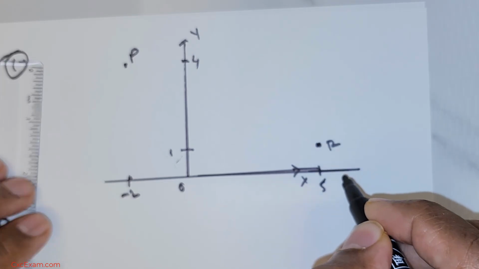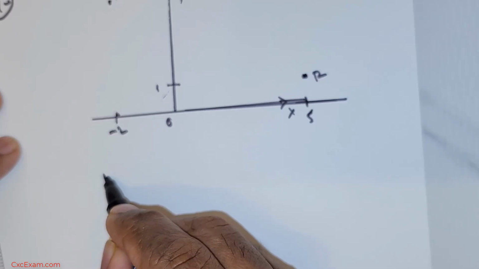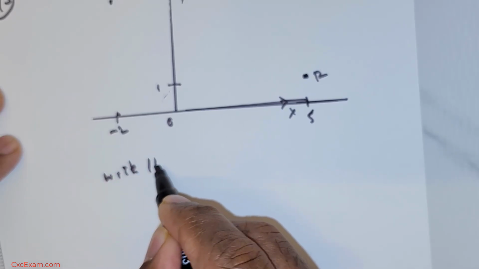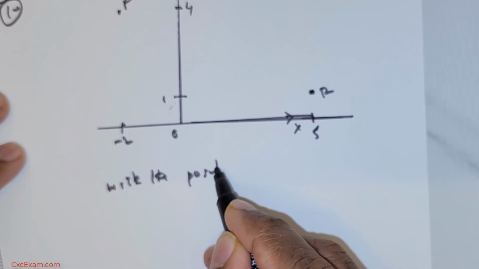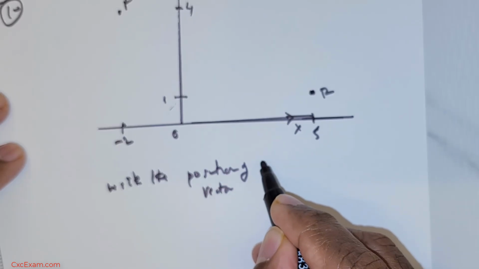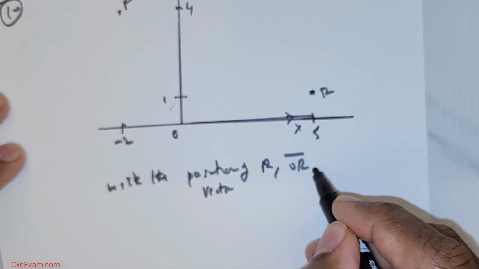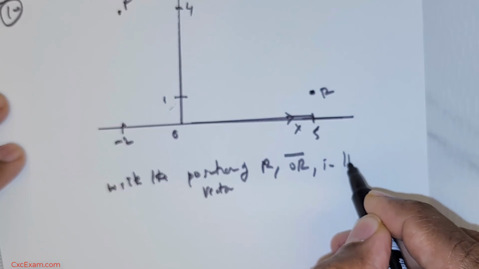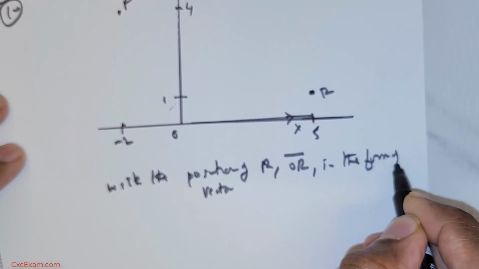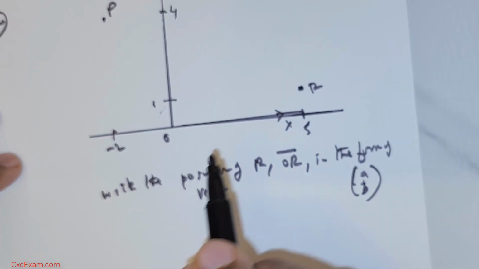Okay, so what we are asked is to write the position vector of R. So yeah, they're asking us to get OR in the form of (a, b), right?